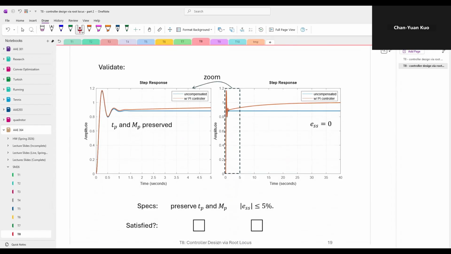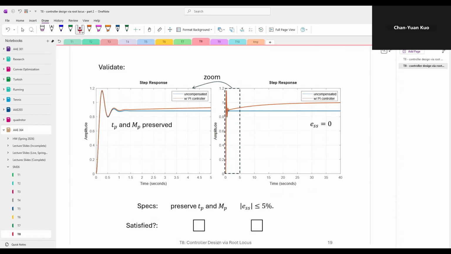Finally, let's verify the controller's performance through a numerical simulation and see whether it satisfies the design specifications. According to the simulated unit step response shown here, we can see that the closed loop system now has 0 steady state error.